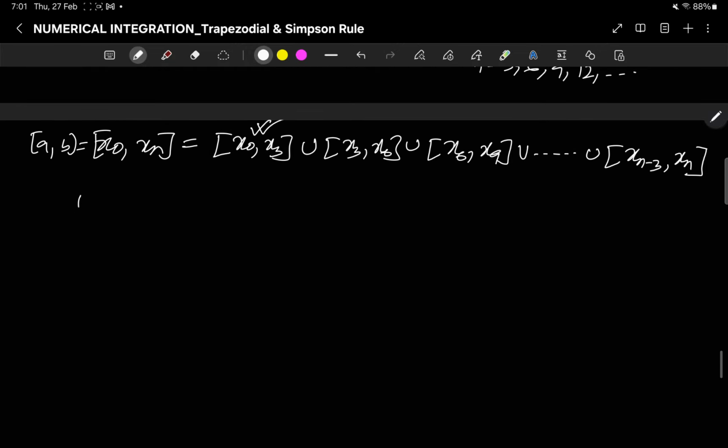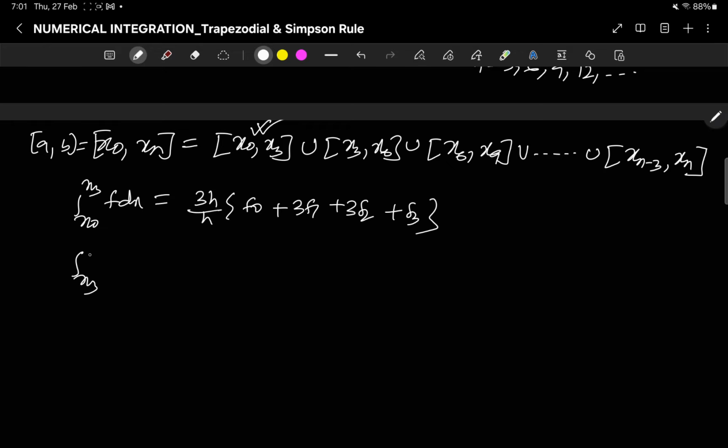So here x0 to x3 f dx is equal to 3h by 8 f0 plus 3f1 plus 3f2 plus f3. Then x3 to x6 f dx will be 3h by 8 f3 plus 3f4 plus 3f5 plus f6.